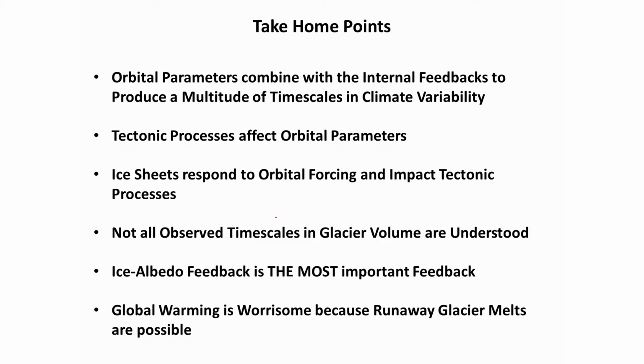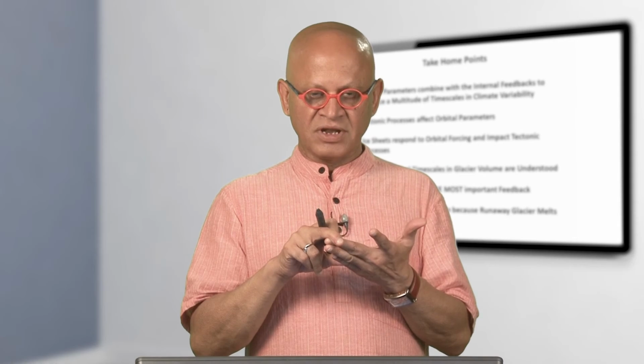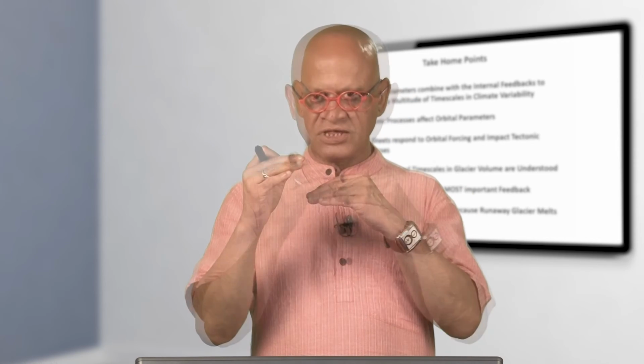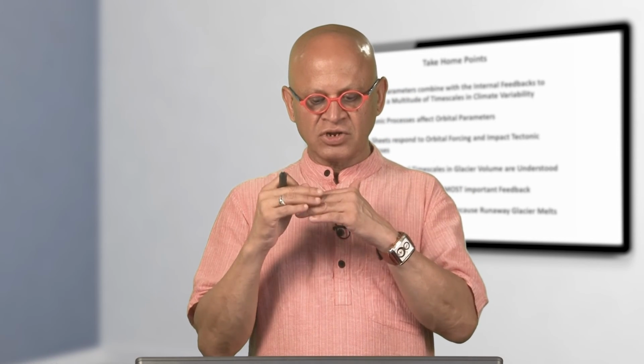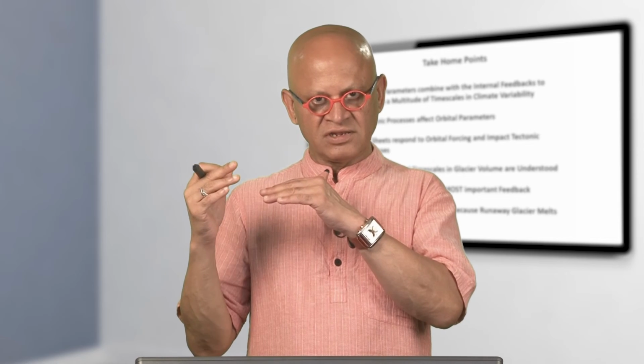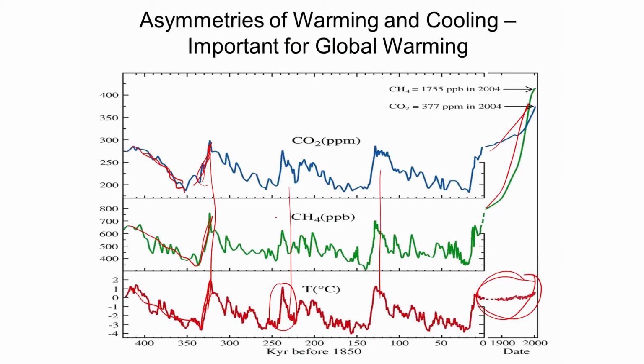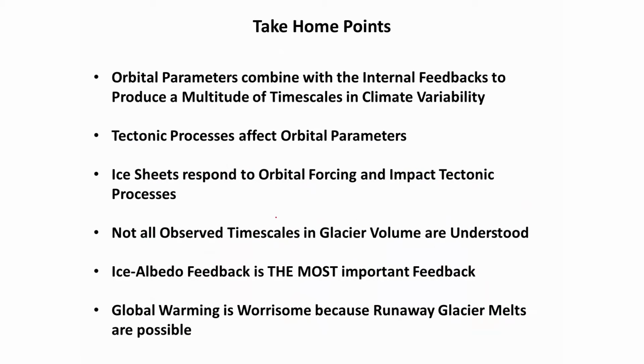So, precession, obliquity changes, and ellipticity changes. But as we saw with a nice curve, there is ellipticity modulated precession cycle, and each one can combine with the other to produce multiple time scales. And as we saw here, there are internal feedbacks which can then produce additional time scales.